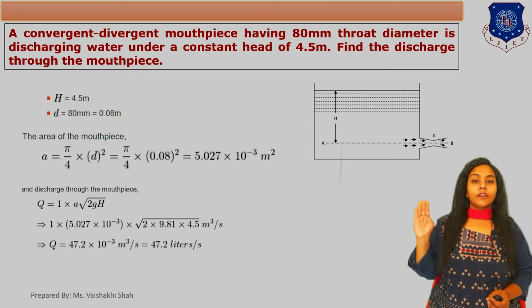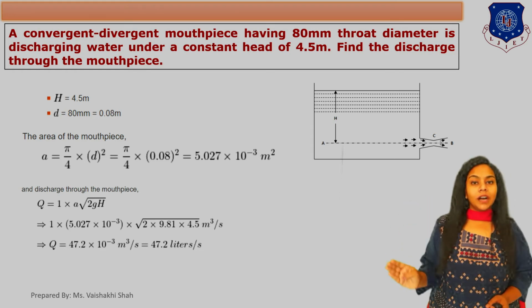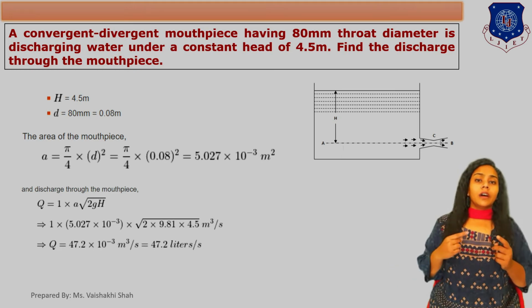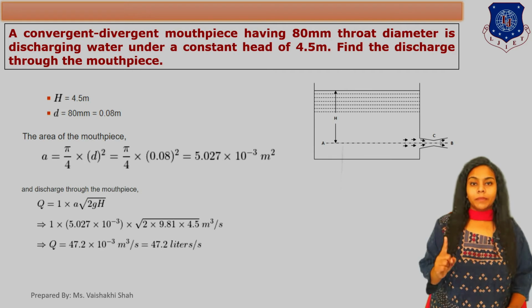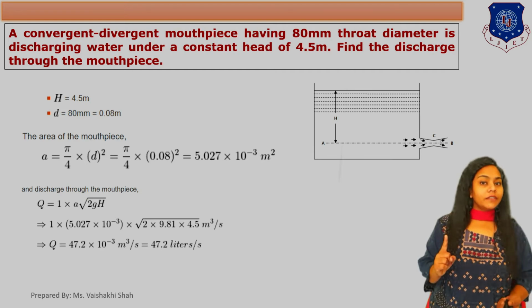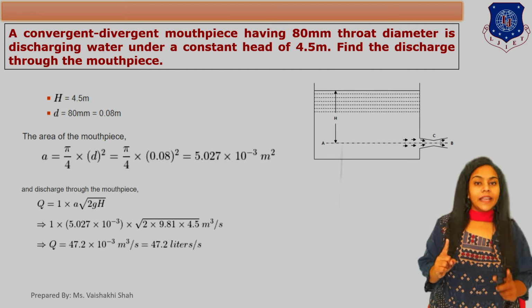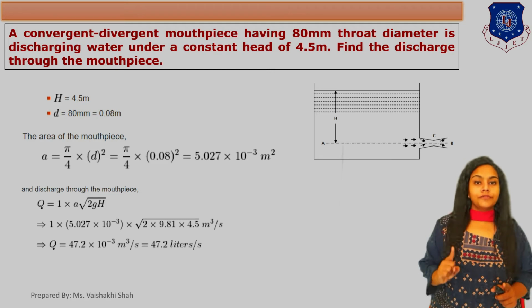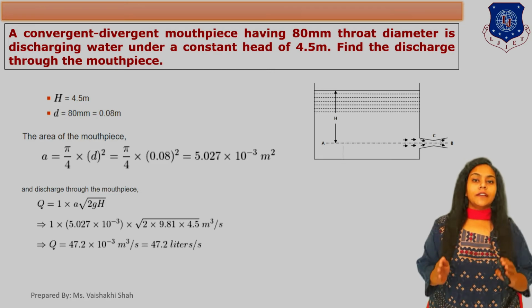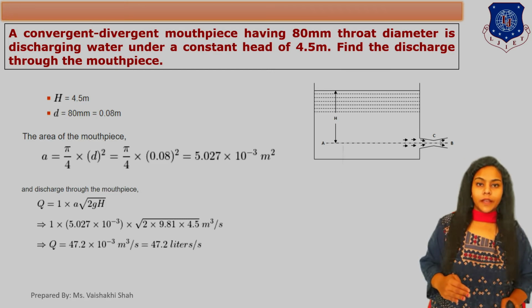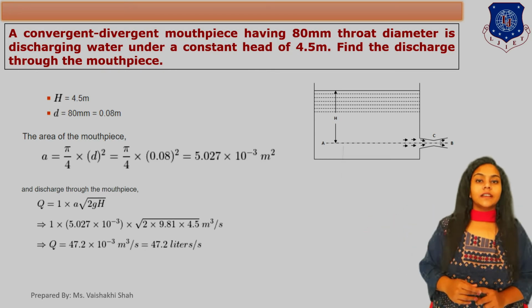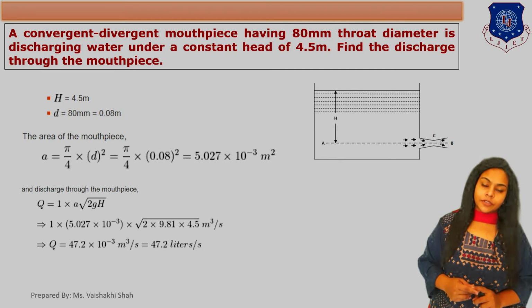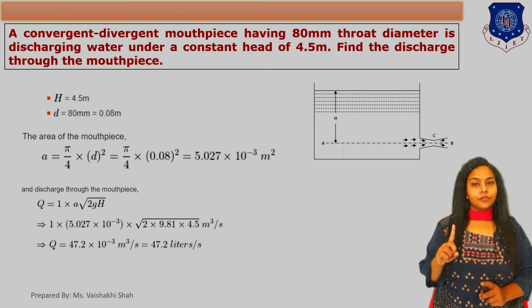Here for convergent divergent mouthpiece, the coefficient of discharge CD is 1. Remember that. If it is not given in your data, then take CD equals 1 for convergent divergent mouthpiece. Here small a is the area, and under root 2gh is the velocity. Okay, CD equals 1.